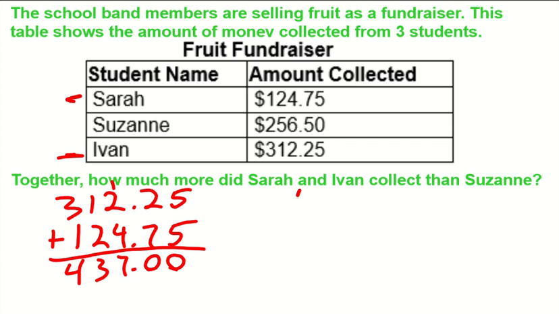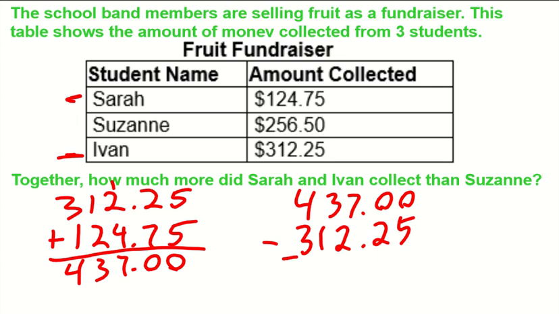So we take the 437 and we're going to subtract the 312.25 for Ivan. Got to remember to line up your decimals. We're going to have to borrow from way over there. And the decimal comes straight down always, so we get $124.75.